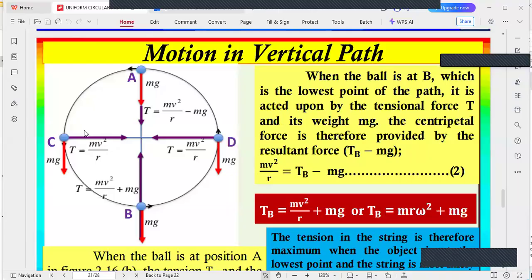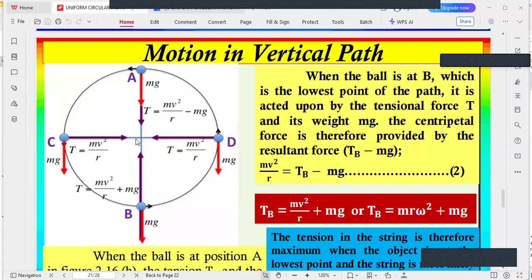But when we talk about minimum speed for the string to remain taut, remember, as you whirl this stone, you must use a certain speed, otherwise the stone will fall down if you don't reach that speed.